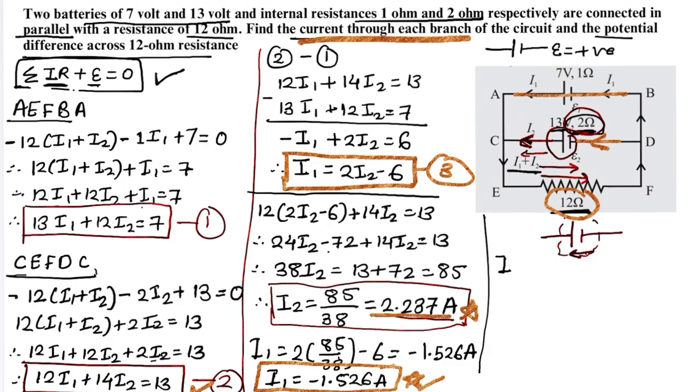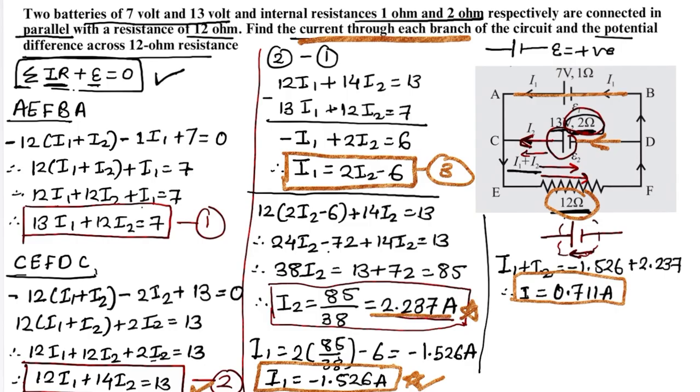Let's add this. I1 plus I2 is equals to minus 1.526 plus 2.237. Therefore, the current which is flowing through the resistance 12 ohm, that is I is equals to I1 plus I2, it will be 0.711 ampere.